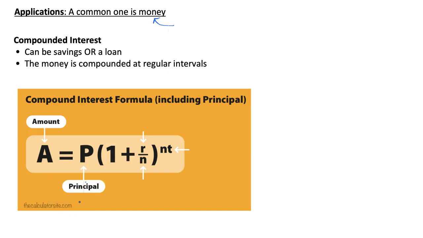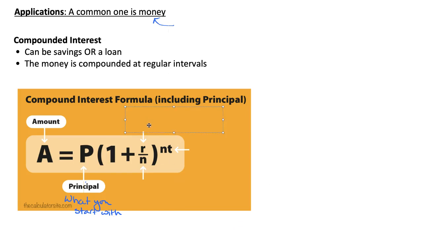The principal is what you start with. So make sure you understand and you have in your notes what you start with. It's the amount of money you put into your savings at the beginning. It's the loan amount that you took out at the beginning. So that's the beginning amount that you either loaned or saved. So make sure you have all of that in your notes as well.